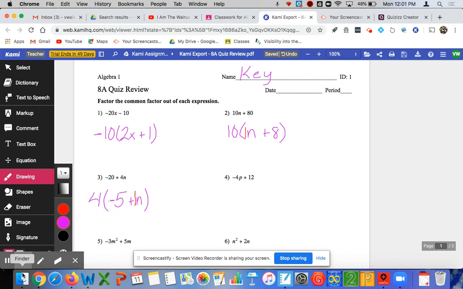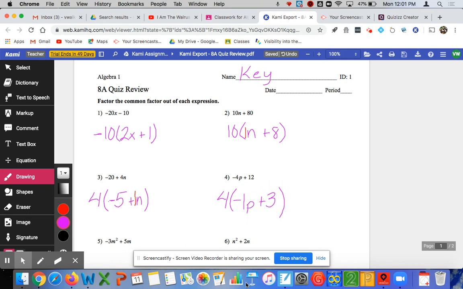Okay, number 4, negative 4p plus 12. Now, depending on what the answer key says, we can have one of two answers. I'm going to go over both, and in any case, I'll accept both of them. So, first, I'm going to factor out a positive 4, because once again, only one of my numbers is negative. I'm left with a negative 1p plus 3.